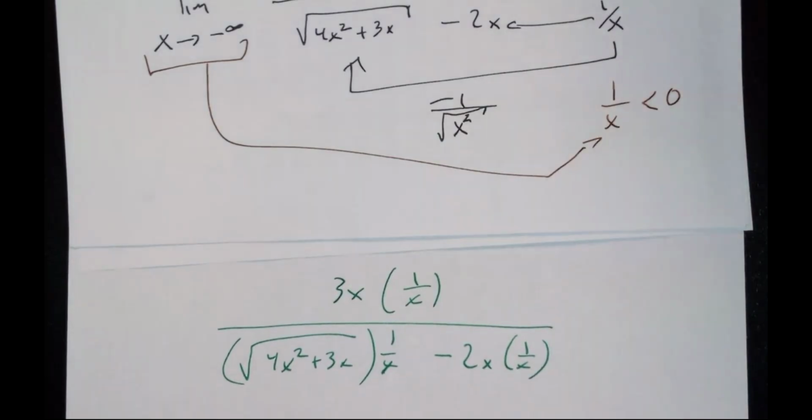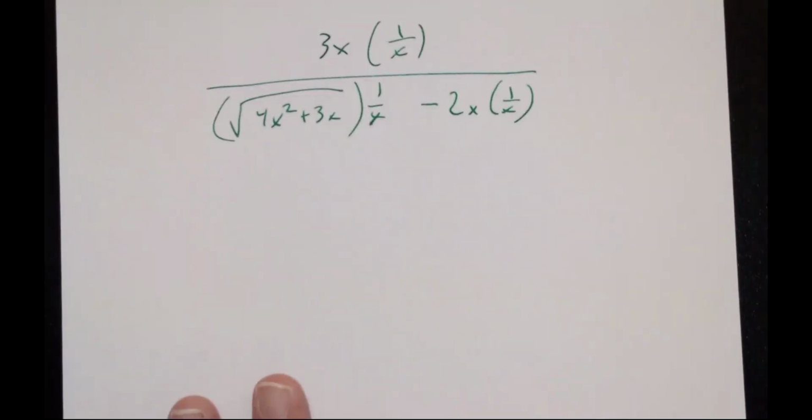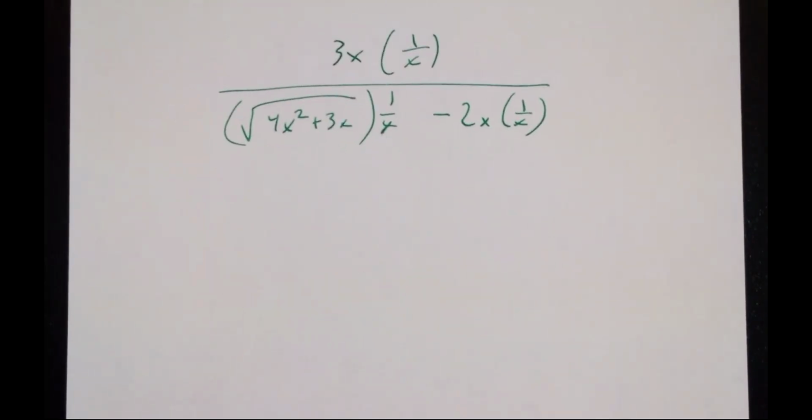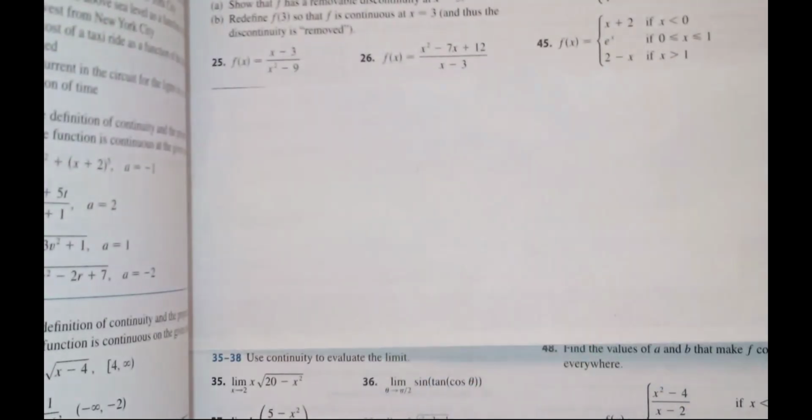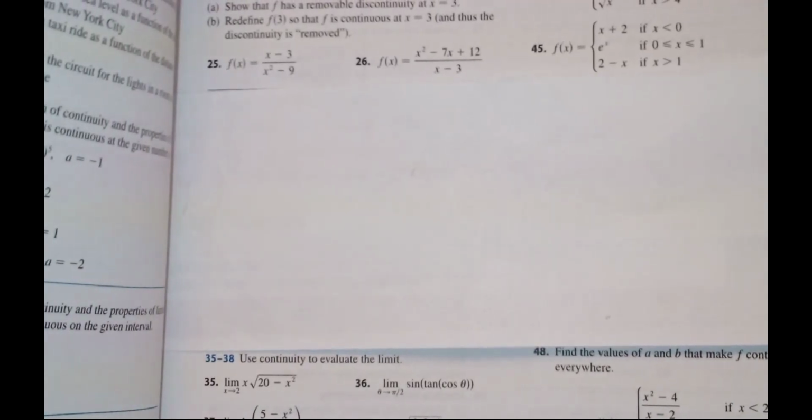Other questions? Yes, ma'am. Chapter 2, section 5, yes? Okay. When it says use continuity, we had a theorem that said if my function was continuous, I could just plug in, right?